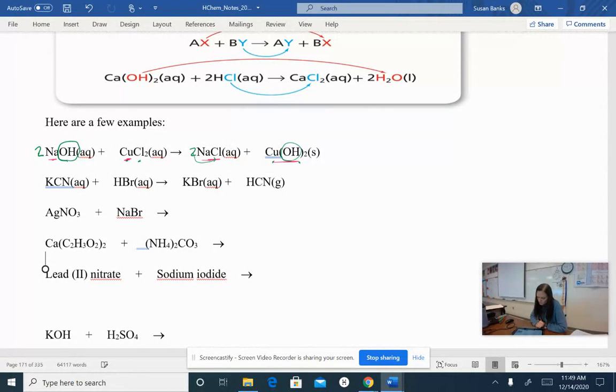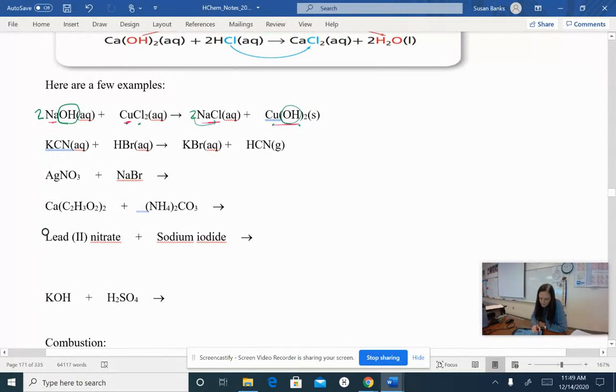We're good. Okay? And this next one, let's see, I've got potassium cyanide reacting with hydrobromic acid. Then I get potassium bromide, and I get hydrogen cyanide. Okay? So potassium switches places to be with bromine, and hydrogen switches places to be with cyanide. Okay?